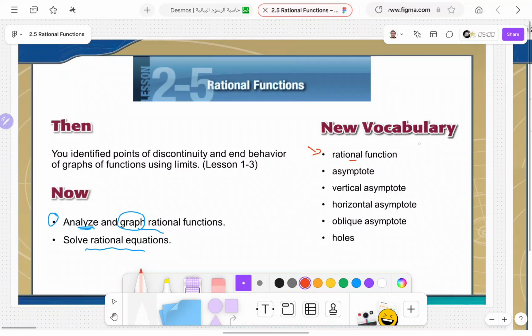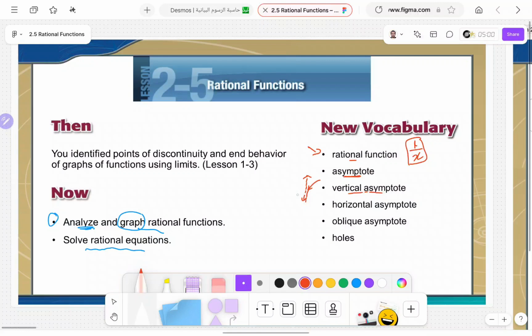A rational function is a function that has an asymptote, or a function that has excluded values from its domain. The asymptote is a line or a point where there is a discontinuity. A vertical asymptote means that when you graph, the function never intersects it.